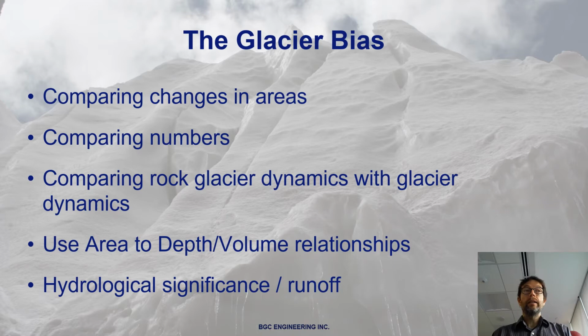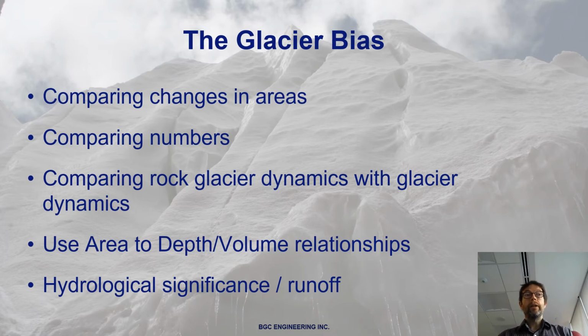So it's a completely different process, and therefore we cannot and should not compare those numbers. The same with the dynamics. Rock glacier dynamics are completely different from glacier dynamics, and therefore we should not compare them. Otherwise, we're comparing apples with oranges, which will not benefit anything, because we're not going to get a good picture of glaciers, and we're not going to get an understanding of how rock glaciers change.